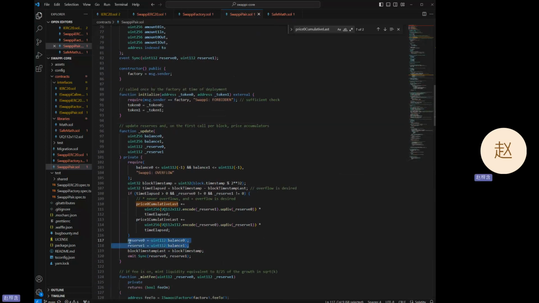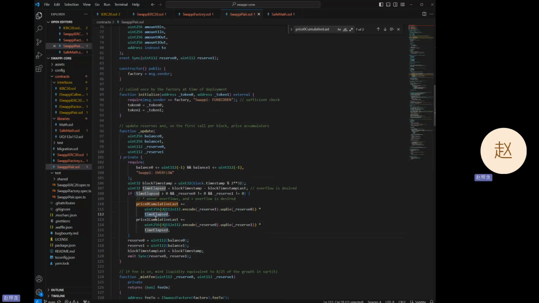First we update reserve 0 and reserve 1 with balance 0 and balance 1, and the last block timestamp is also updated, and we also calculate the cumulative price for token 0 and token 1.